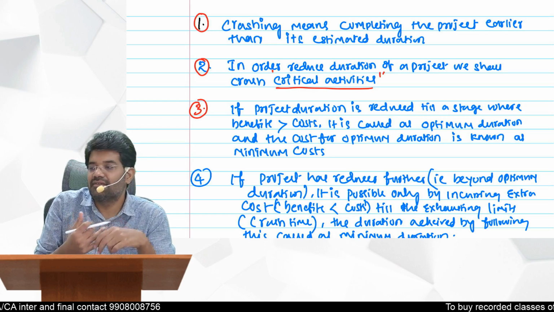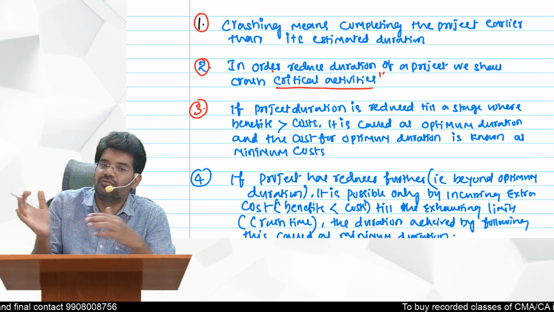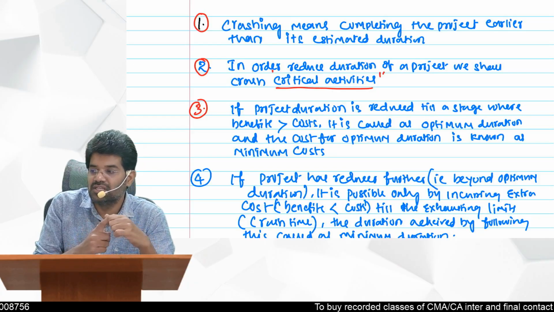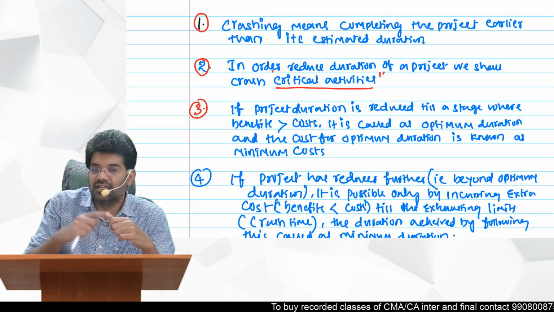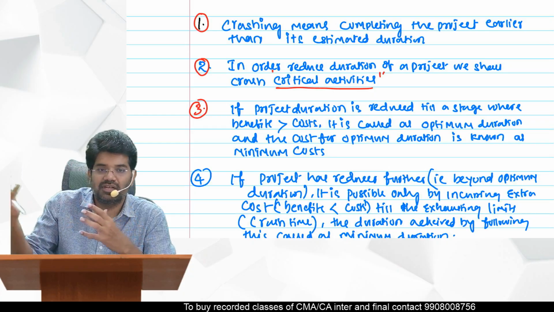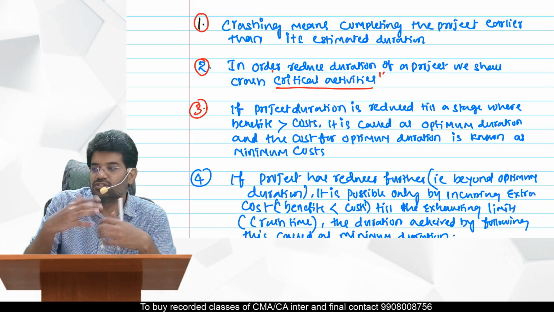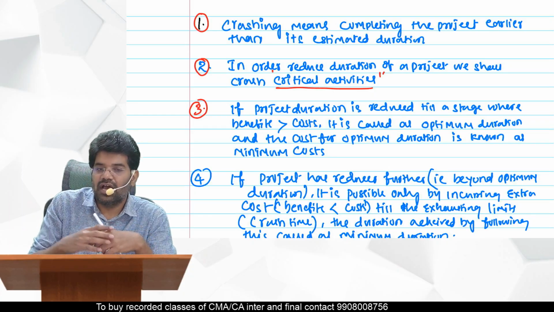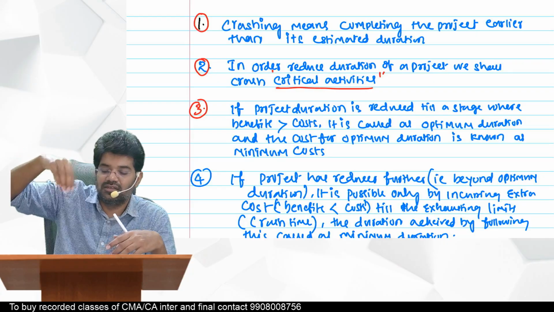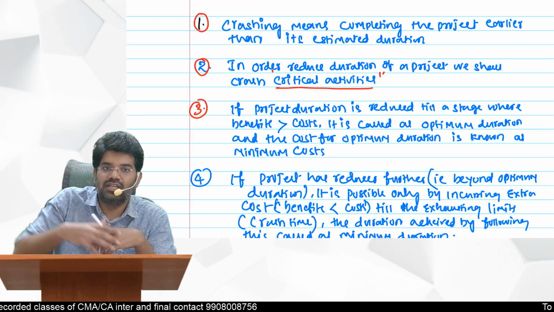If you work for fewer days, your overheads will decrease. That is one saving. If you complete earlier than the target time, you might get some incentives from your customers. That is also one of the savings. And what are the costs for reducing the time? Extra cost you will incur, no.